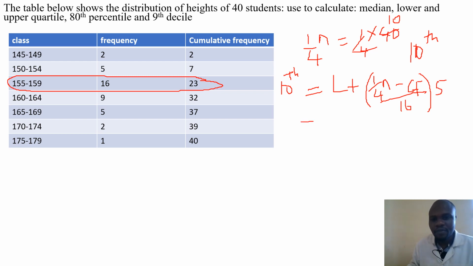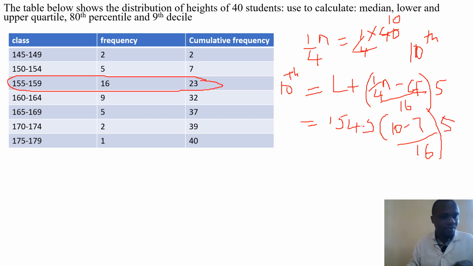So now, in this case, our lower limit here is 154.5. Then all these we have 10 minus 7, divided by 16, and all these we multiply by 5.